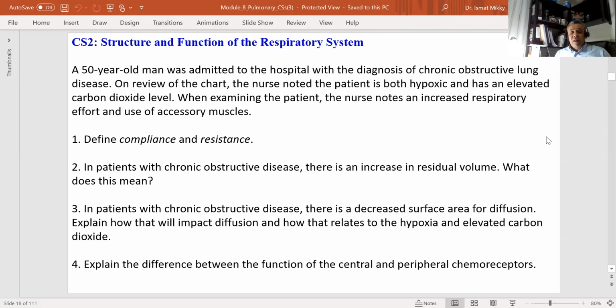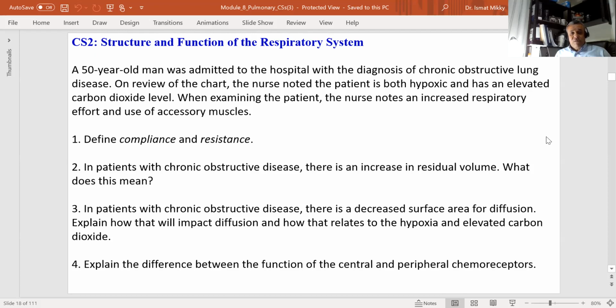So one more time, the increased CO2 in the blood will increase the hydrogen ion levels in the cerebral spinal fluid, CSF, and that will stimulate the central chemoreceptors located near the respiratory center and the brain stem.